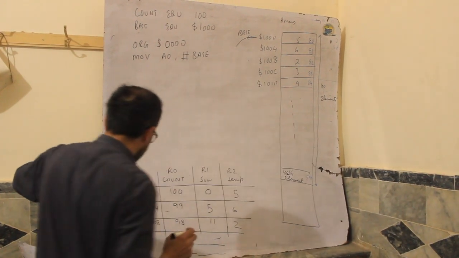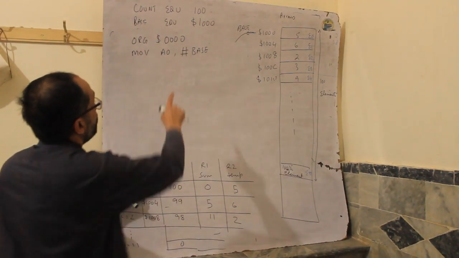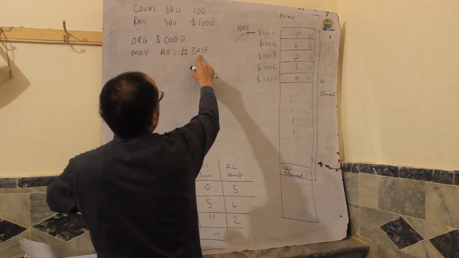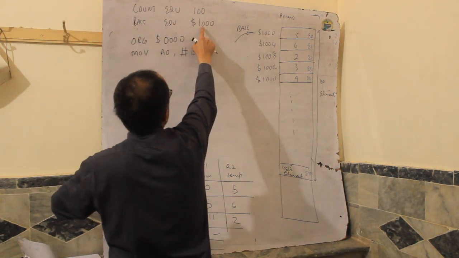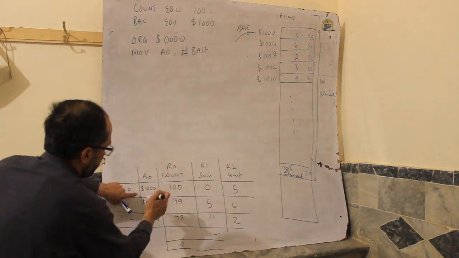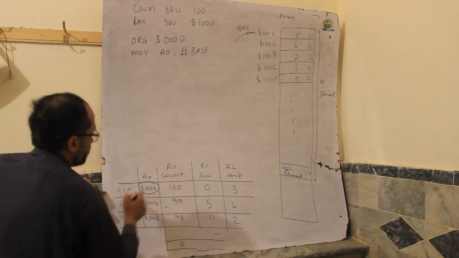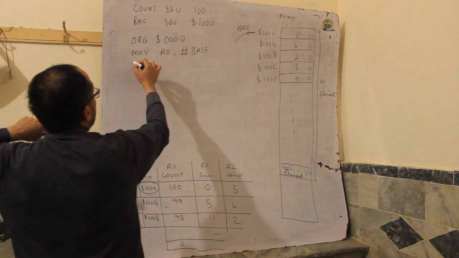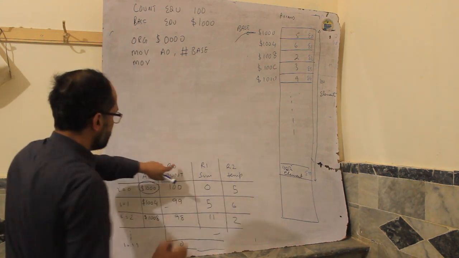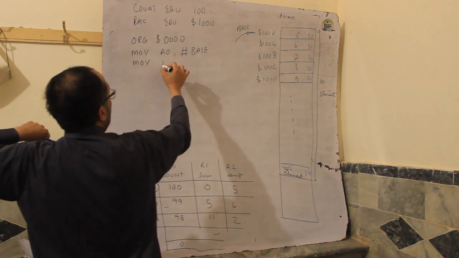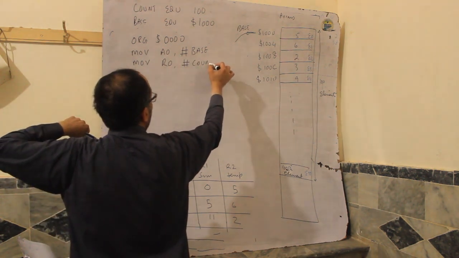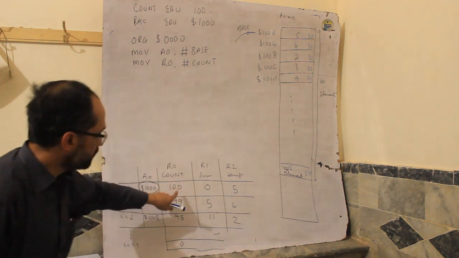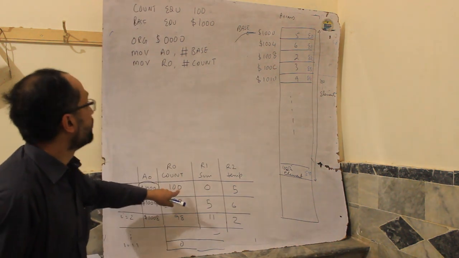At the first iteration, A0 will contain the address of the first element of the array, and the base is equal to 1000, so A0 will contain 1000. Now we can initialize R0 with the count. For the first iteration, the count will contain a value of 100.